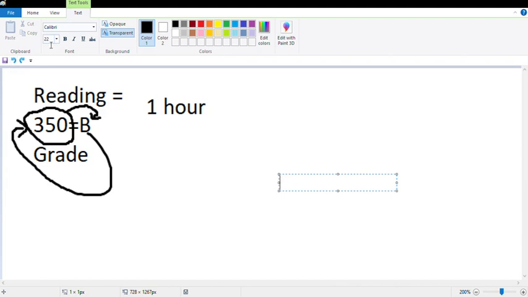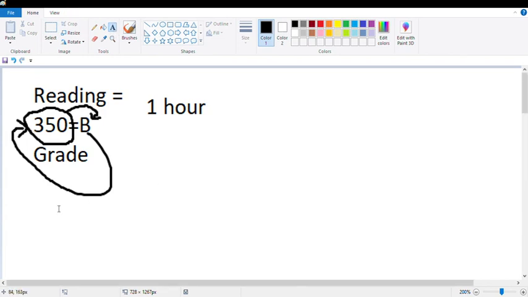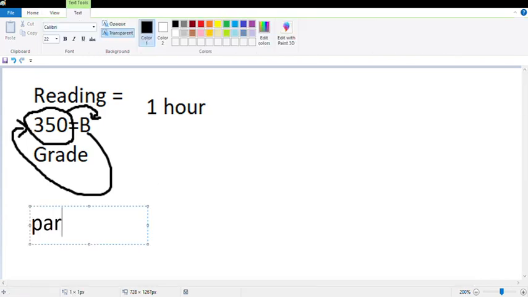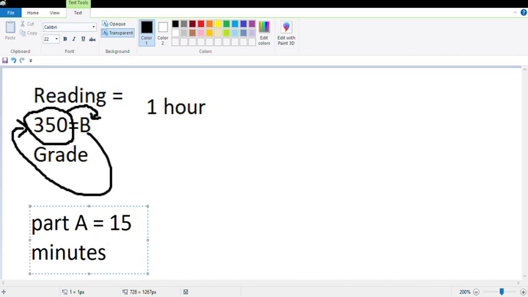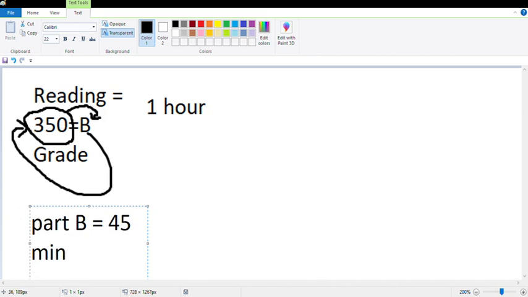So what does the reading module include? Part A is equal to 15 minutes, and part B is equal to 45 minutes.